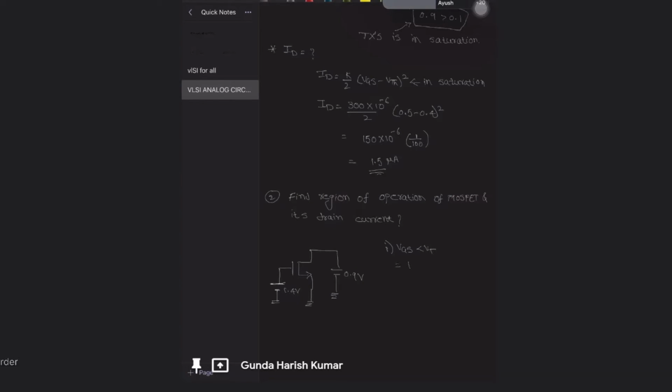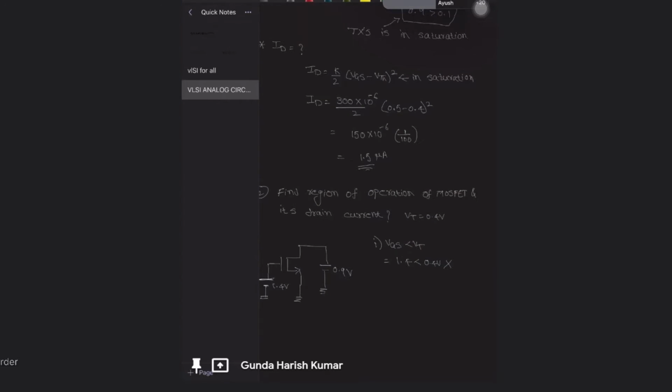Now, first condition for cutoff, VGS should be less than VT, but it is 1.4, less than VT is same as previous. VT is 0.4. So this is failing. So transistor is not in cutoff. So it may be in triode or it may be in saturation. Next we will try triode.